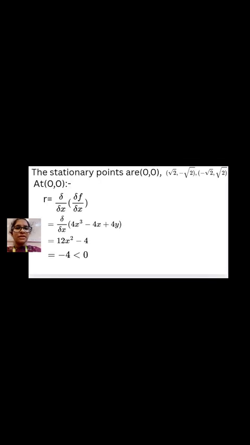Next, t = ∂/∂y of ∂f/∂y. In step 2 we got the ∂f/∂y equation, so ∂/∂y of 4y^3 - 4y + 4x gives 12y^2 - 4. Here in y place we put 0, then we get minus 4, that is less than 0.